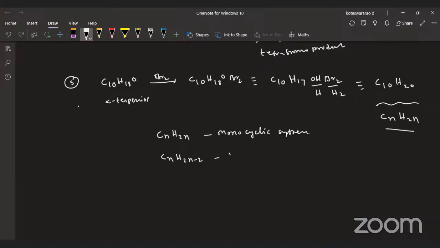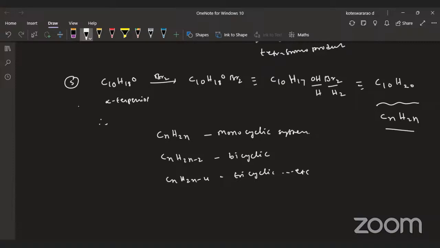Bicyclic. CnH2n minus 4, tricyclic. Now from this CnH2n, that is C10H20, it indicates that alpha terpinol is a monocyclic monoterpenoid.